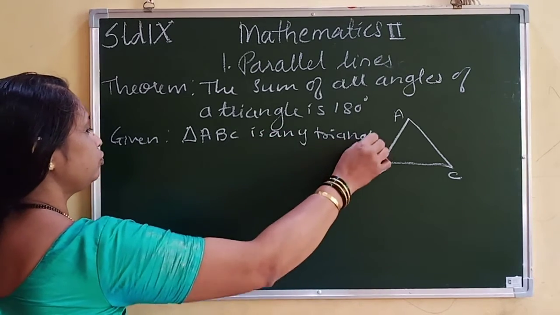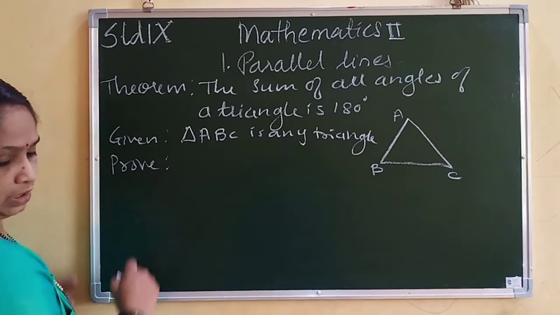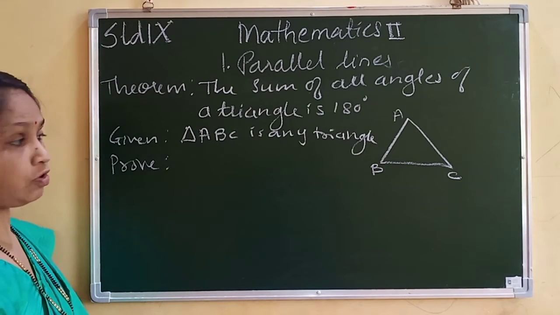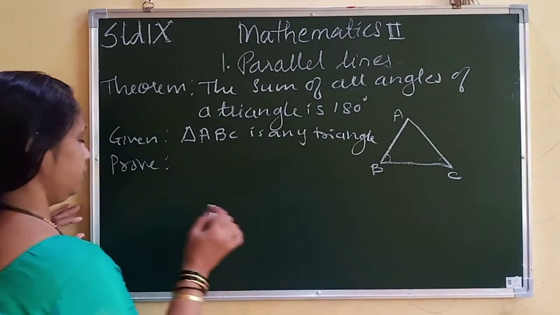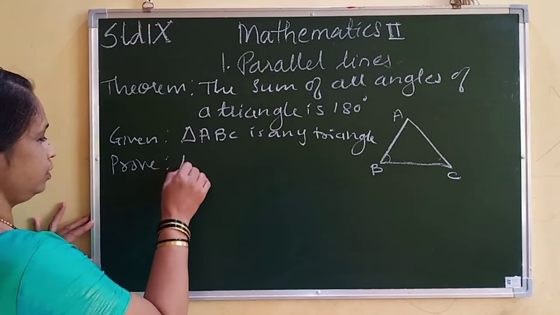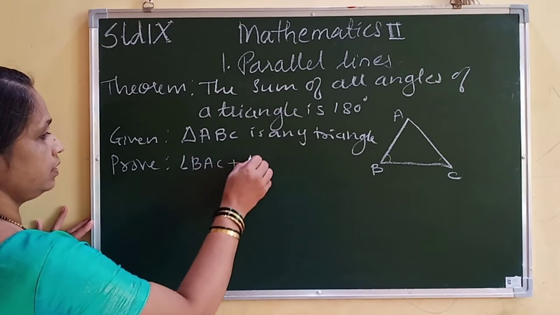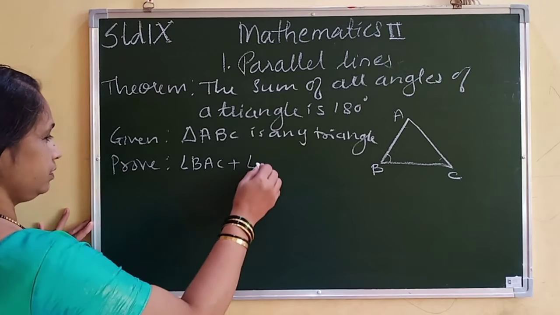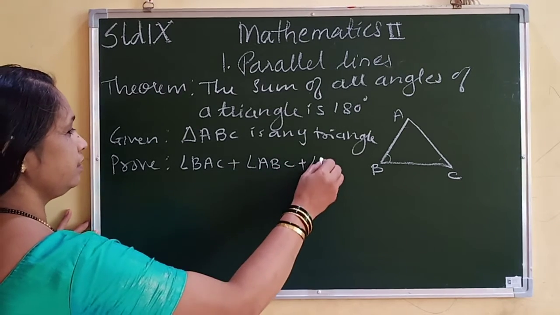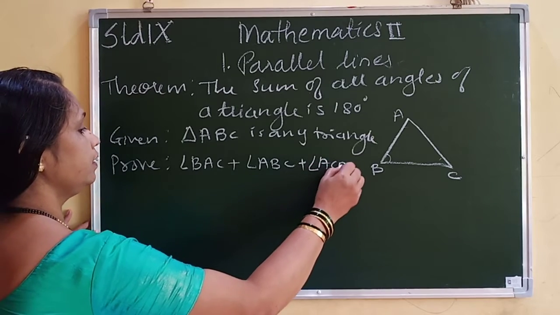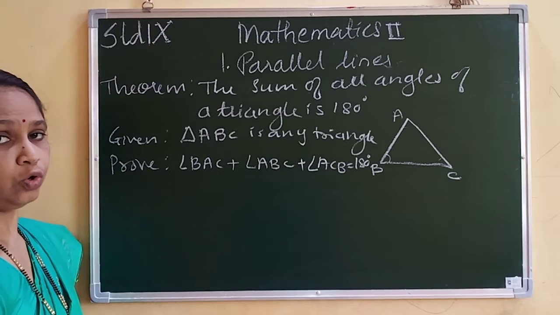To prove this theorem, what you have to prove is that the sum of the measures of all angles, that is angle A, angle B and angle C, is equal to 180 degrees. So angle BAC plus angle ABC plus angle ACB is equal to 180 degrees. Now this we have to prove.